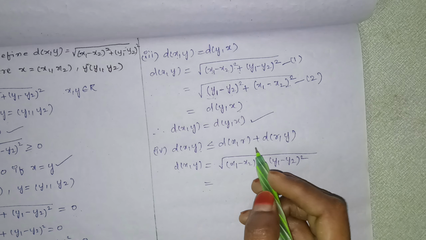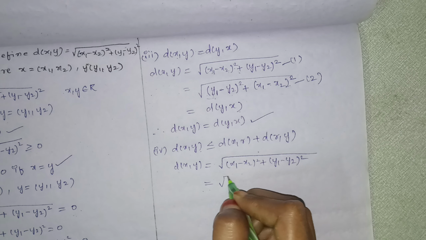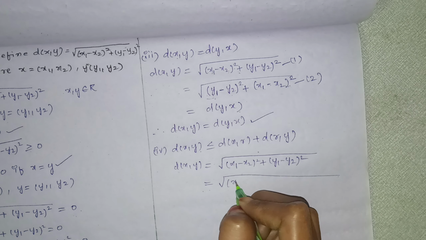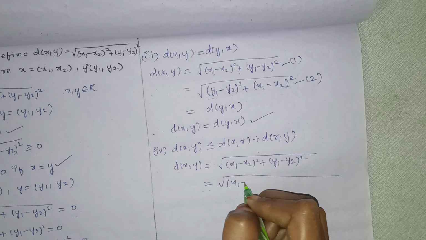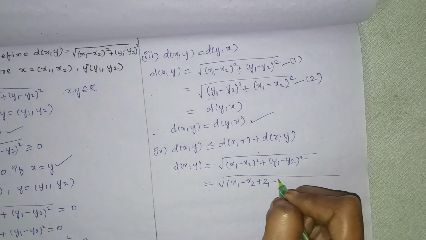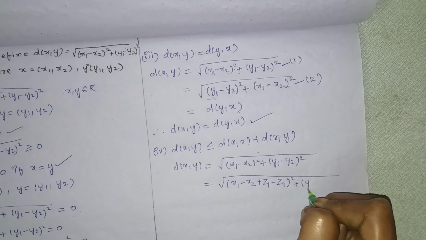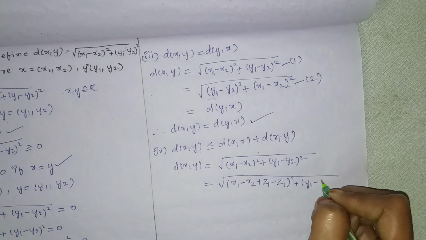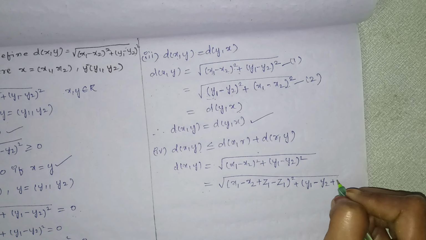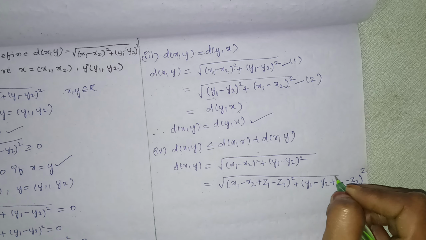Here we need to add and subtract a real number, so I am taking z1. Therefore (x1 minus x2 plus z1 minus z1) whole square plus (y1 minus y2 plus z2 minus z2) whole square.